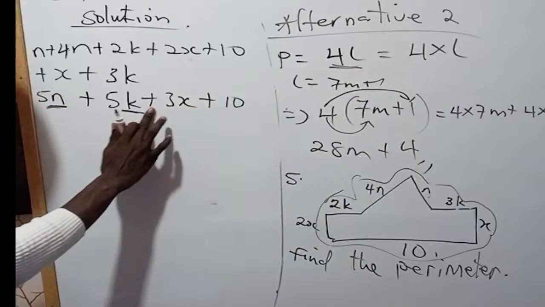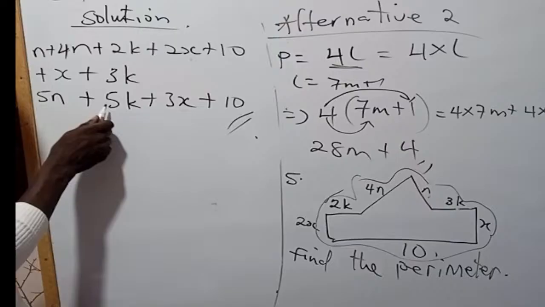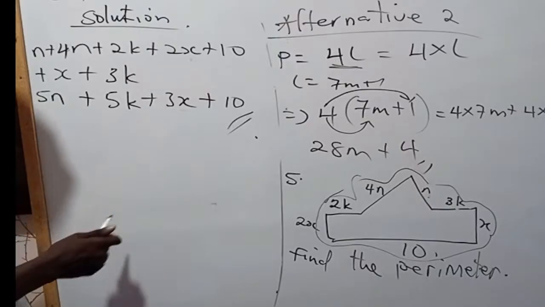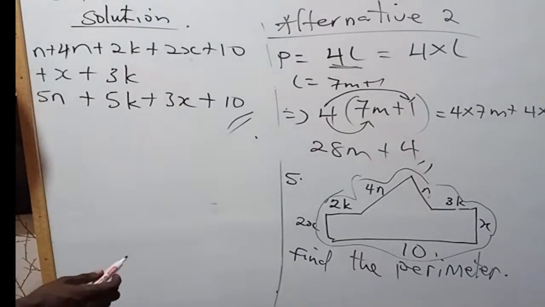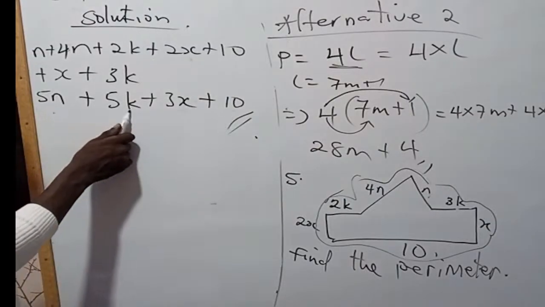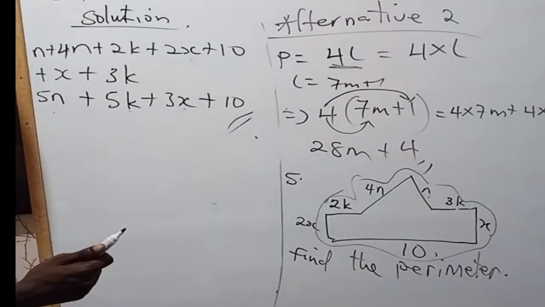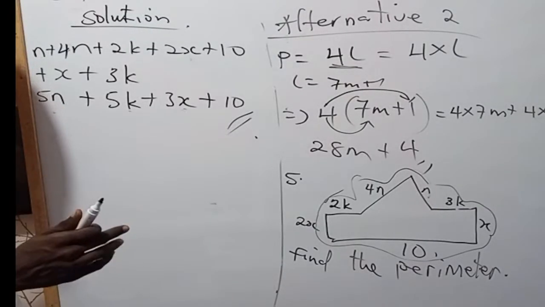Don't force yourself and go and do 5 plus 5, 10 plus 3, 13 plus 10, 23. Now, if you write 23, are you going to write 23n or 23k or 23x or leave it as 23? If you put it that way, that is the reason why it will be wrong.